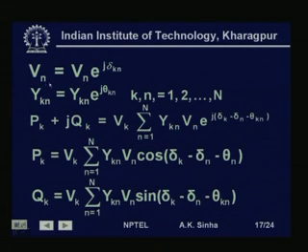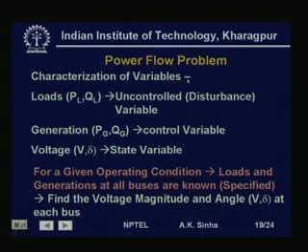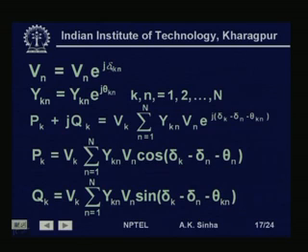Now, we know Vn, the voltage at bus n, is a phasor, and it is equal to the magnitude Vn into e to the power j delta n. I am sorry, this should be j delta n. So, Vn is equal to magnitude Vn into e to the power j delta n. This k should not be here.